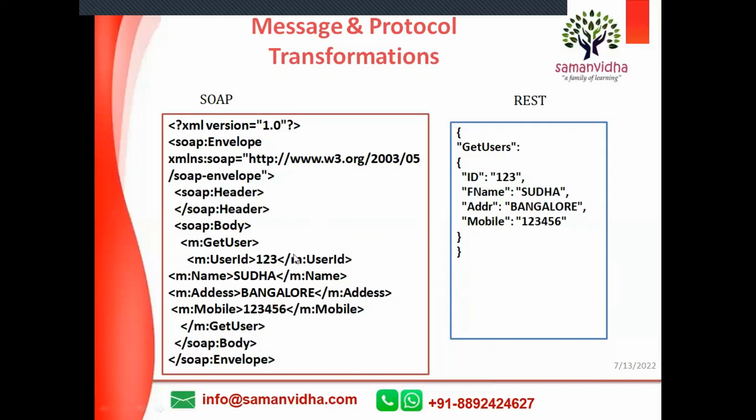In the SOAP message, it is named as address, and here in the REST message, it is named as ADDR in the simple form. And we can name exactly the same thing. Here you can see mobile and mobile. So this is just a style difference when you compare SOAP and REST messages. In the next videos, you will understand it better.